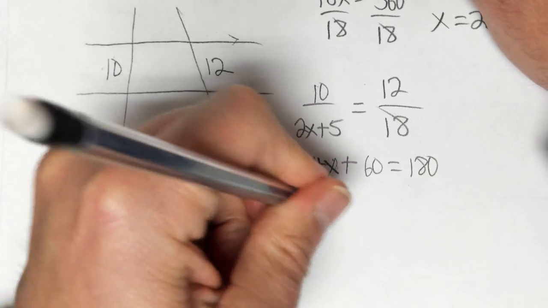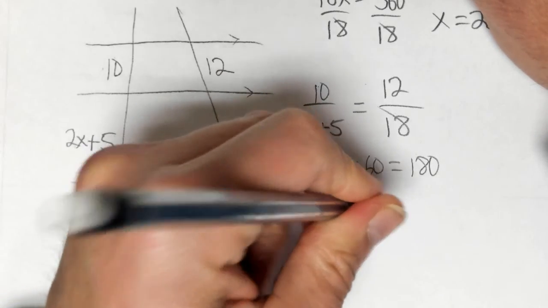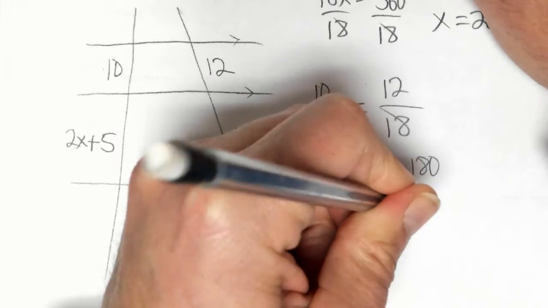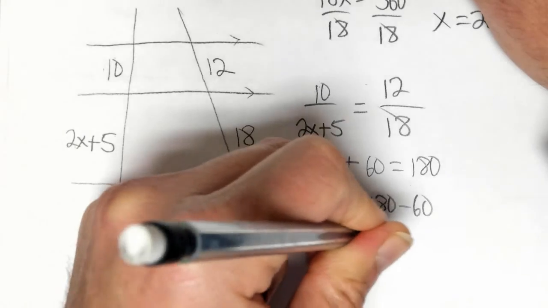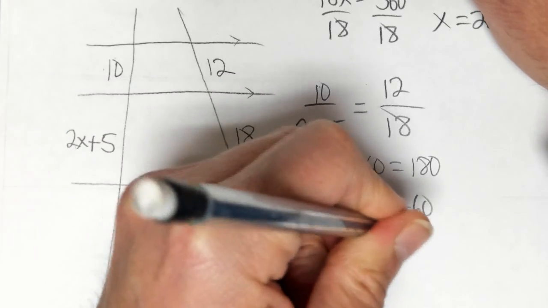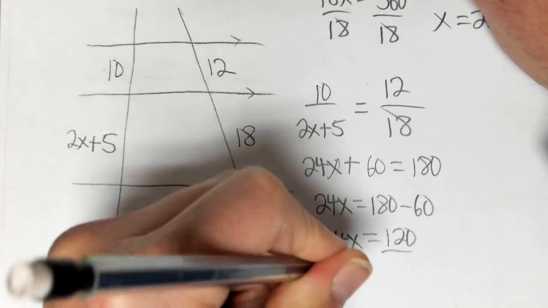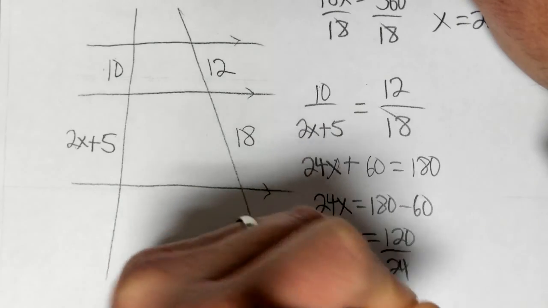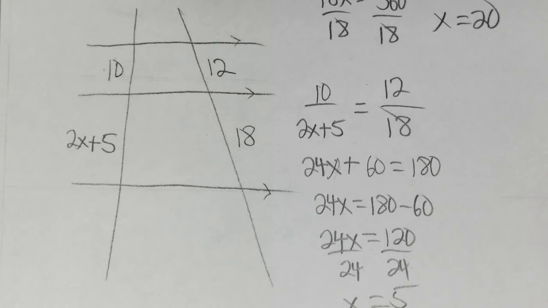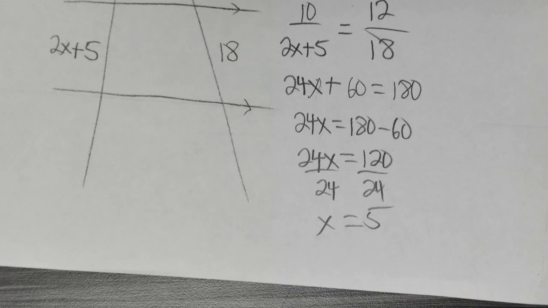So now I've got 24x is equal to 180 minus 60. 24x is equal to 120. Divide both sides by 24 and 24. Then now we have our correct answer, which is that x is equal to 5.